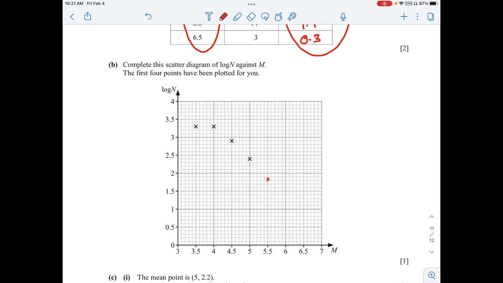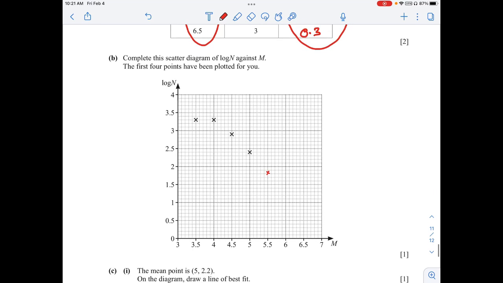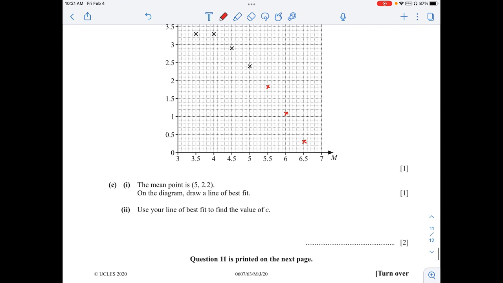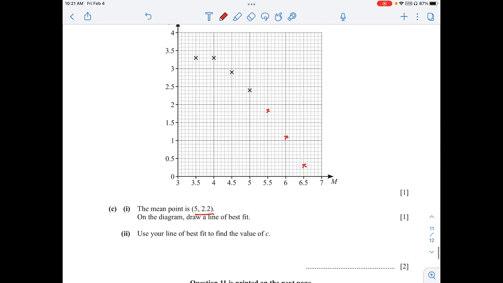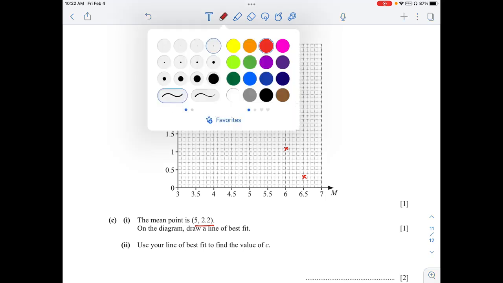Then for 6, it is 1.1. And for 6.5, it is 0.3. On the diagram, draw a line of best fit.